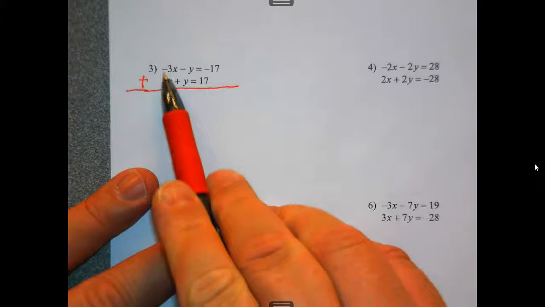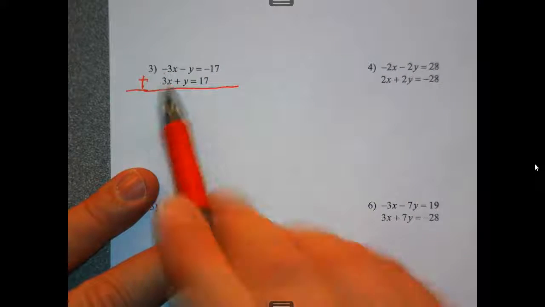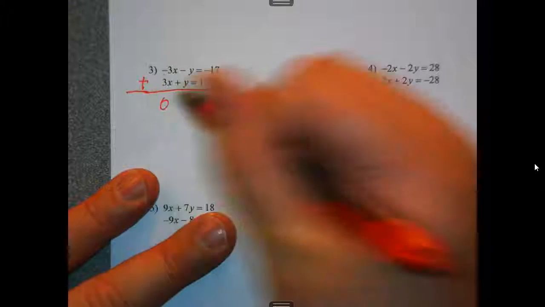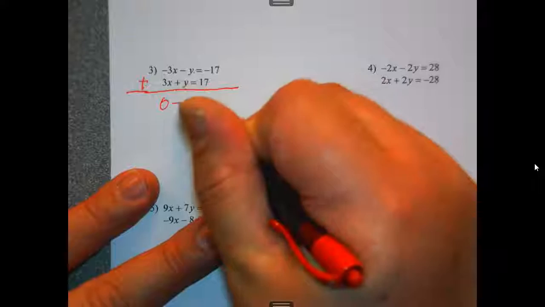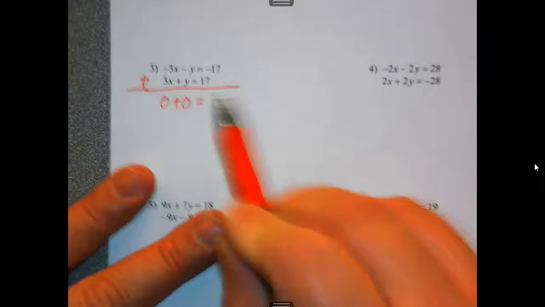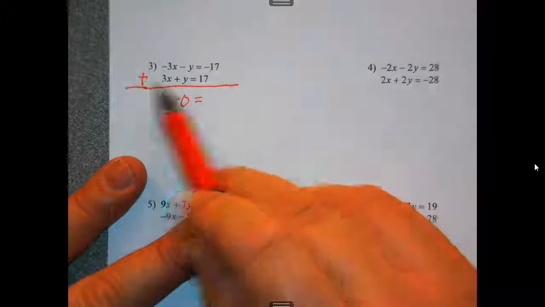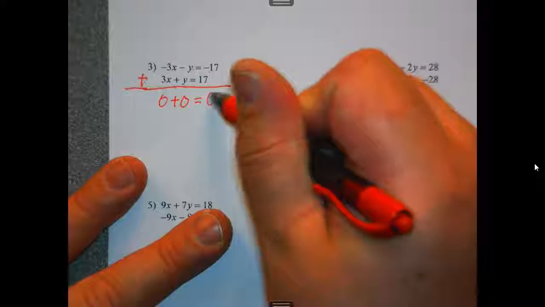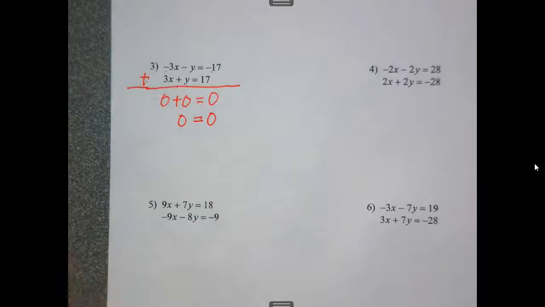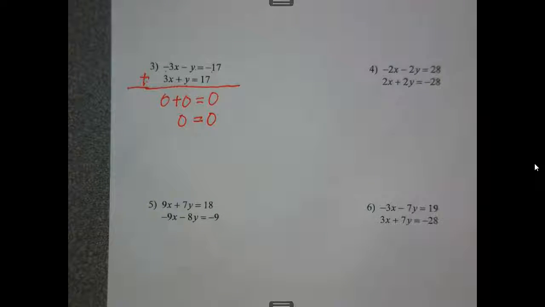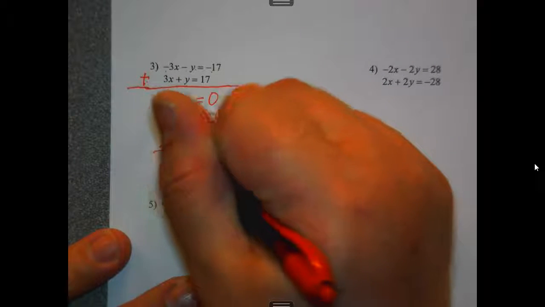Negative 3x plus 3x is 0. Negative y plus positive y is 0. Negative 17 plus positive 17 is 0. What kind of solution do I have when I have a true statement, 0 equals 0? All solutions, infinitely many.